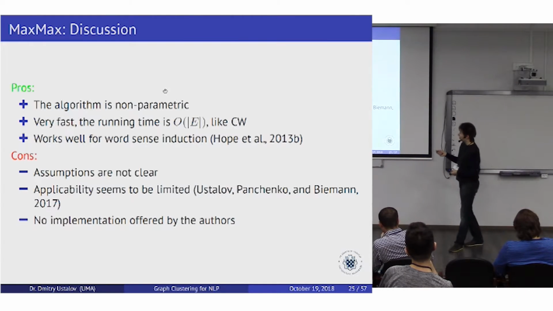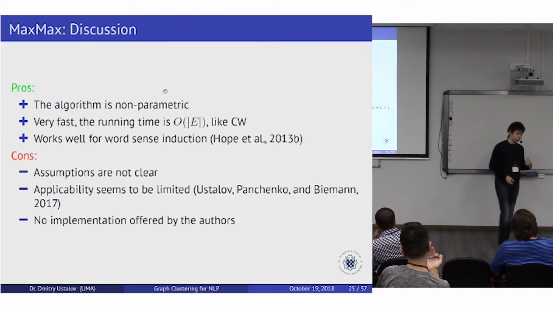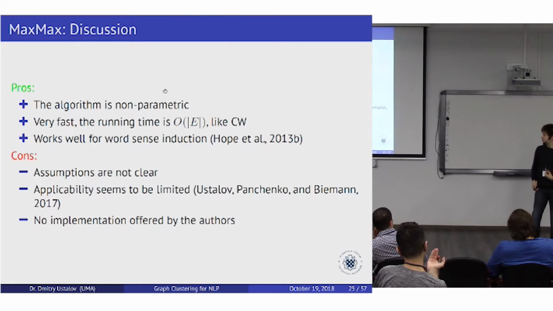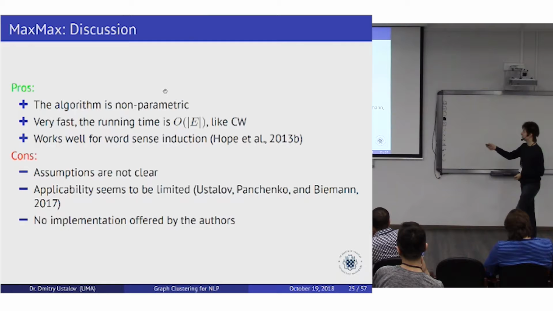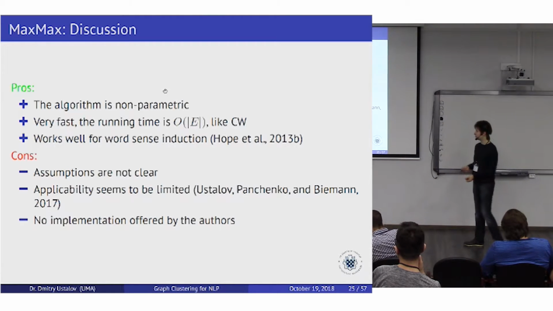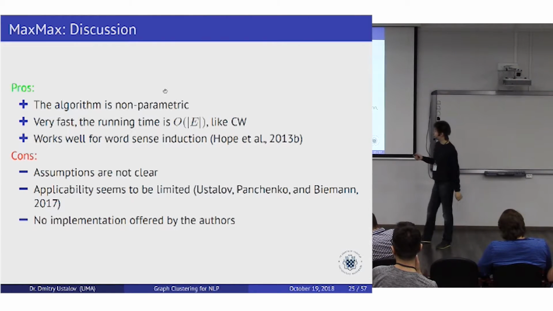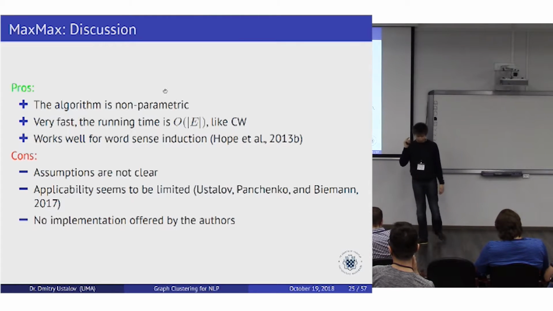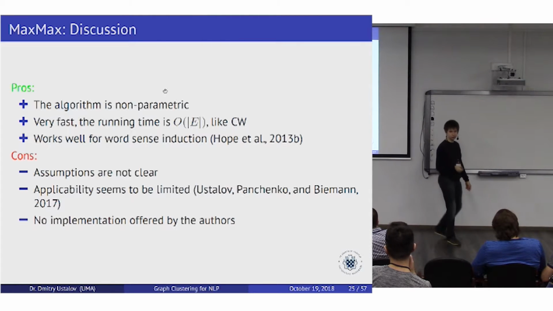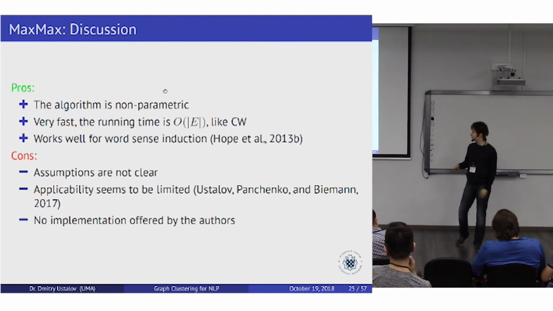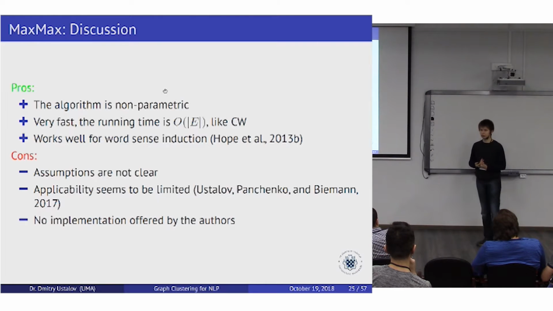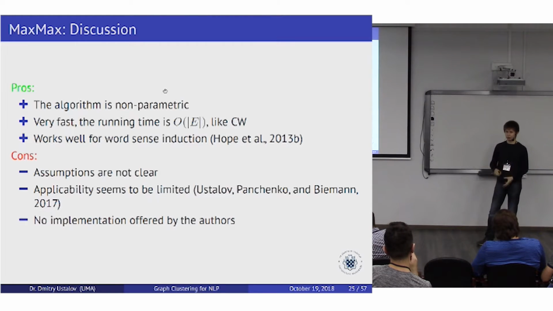It works very well on word sense induction. It was actually primarily designed for word sense induction, and the authors claim that it fits this task very well. It has a few downsides. The first one is that I have no idea what the assumptions are at the core of the algorithm. Because in the case of MCL, you have random walks.